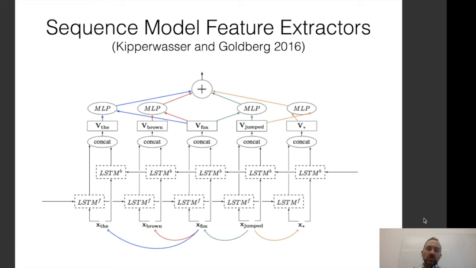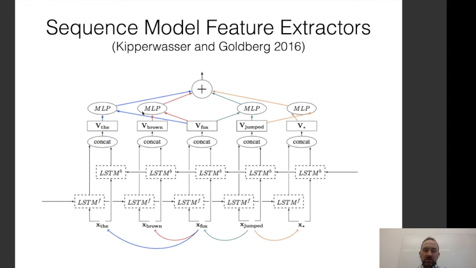So then the second question is how we actually calculate these pairwise scores. And there are two elements to this. Now, like just about everything else, we use neural networks to learn our models. In the case of dependency parsing, we run a neural sequence model over the sentence we would like to parse, and we extract features.